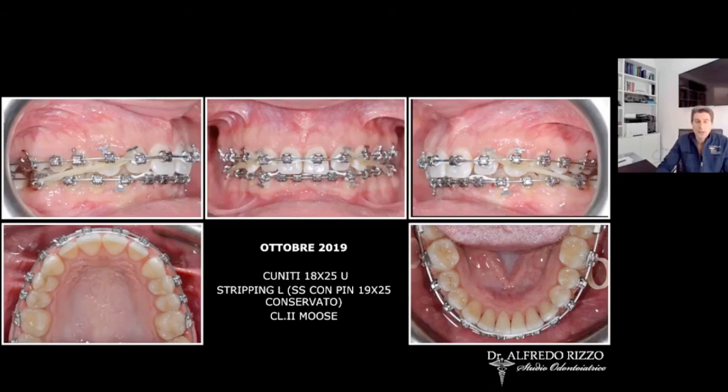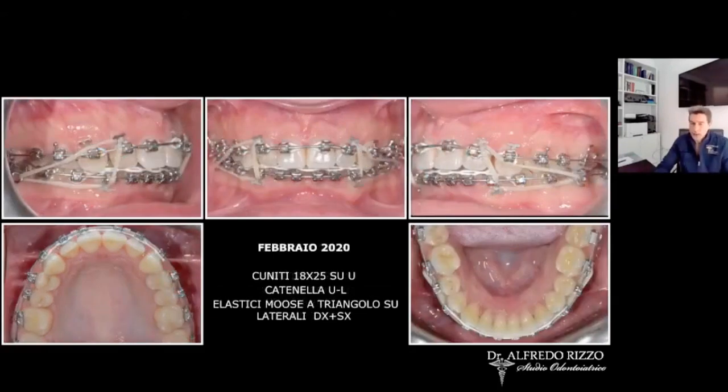This is why we switched back to copper nickel titanium 18/25 arch wire in the upper, whereas in the lower we have switched to stainless steel 19/25, and we have done stripping of the lower incisors. And we have added a chain in order to stabilize the lower incisors.